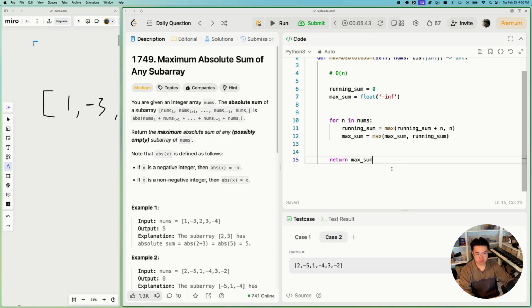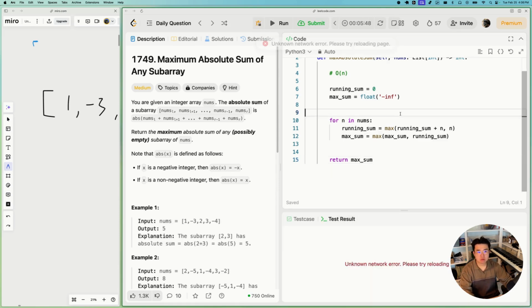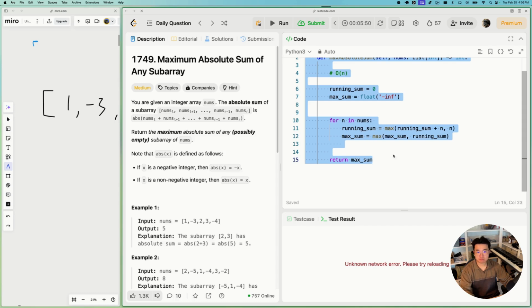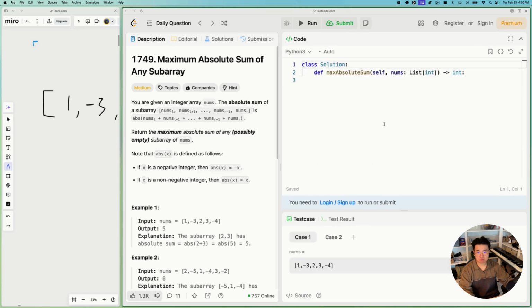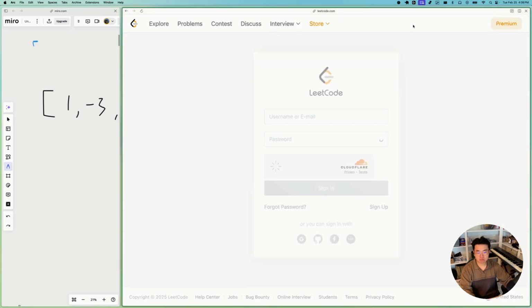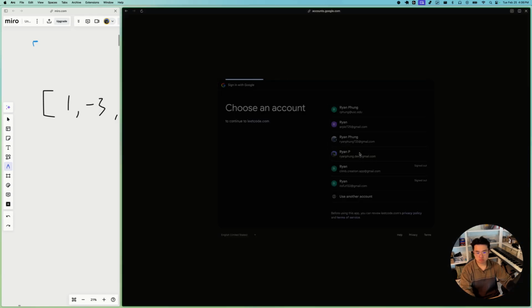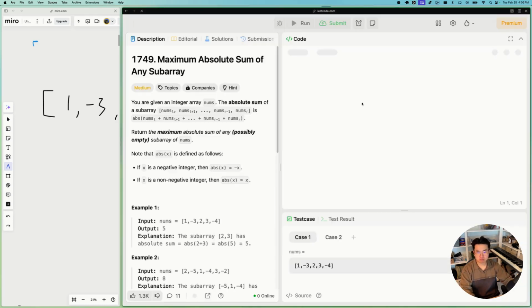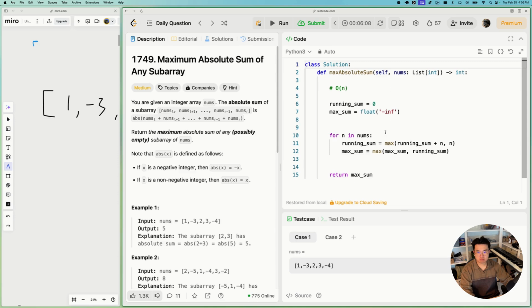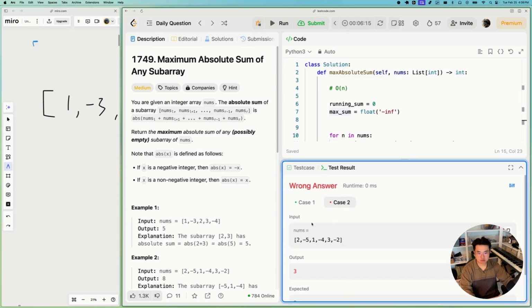So let me just run this. I know it's wrong, but I think it'll pass the first test case.